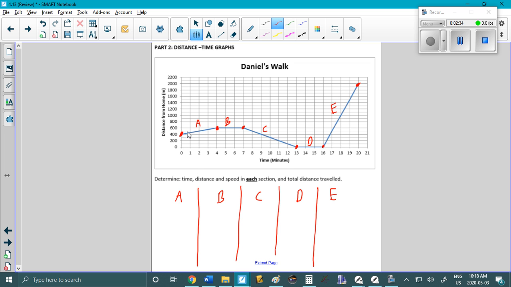So to find the time in section A, we started at 0, we finished at 4, so it's going to be 4 minutes. To do the distance, we started at 400 meters from home. And up here, if we go over to the y-axis, we finish at 600. So to find the distance, you would do 600 minus where you started, which is 400, and that's going to be 200 meters.